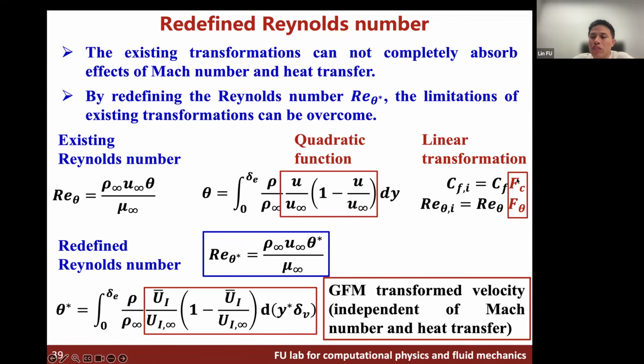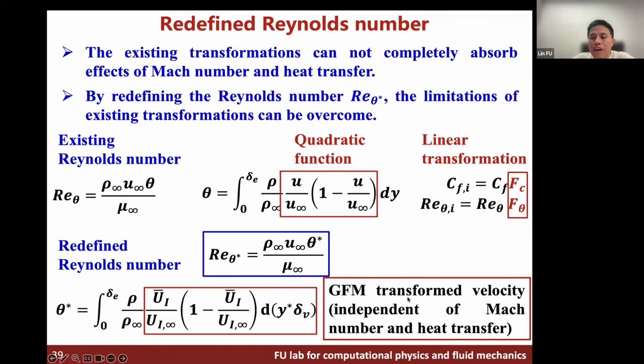So if we want to derive F_c and F_theta as the final transformation, we first need to remove the compressibility and heat transfer effect. So what we do is redefine the Reynolds number, Re_theta star, as you can see here. The velocity now is not the original velocity, it's a transformed velocity with our GFM transformation, or total shear stress transformation.